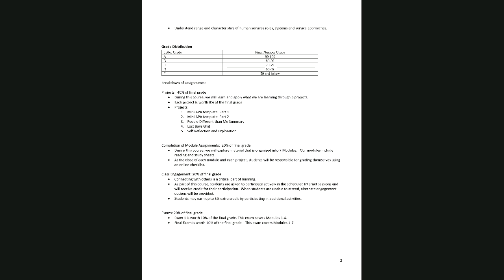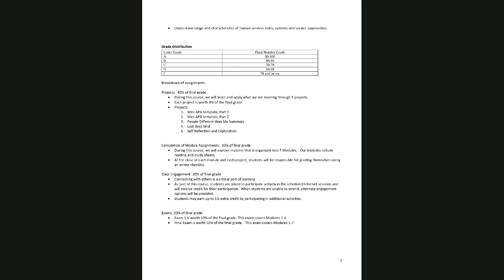This class has broken down and it's weighted. You're going to do 5 projects. You're going to do some assignments in each module. I'll show you, and those are a little bit unique for this class. You're going to be engaged with us by coming to these internet sessions. If it doesn't work to get to an internet session, you're going to have a way to do an alternate with watching the recording and participating that way.